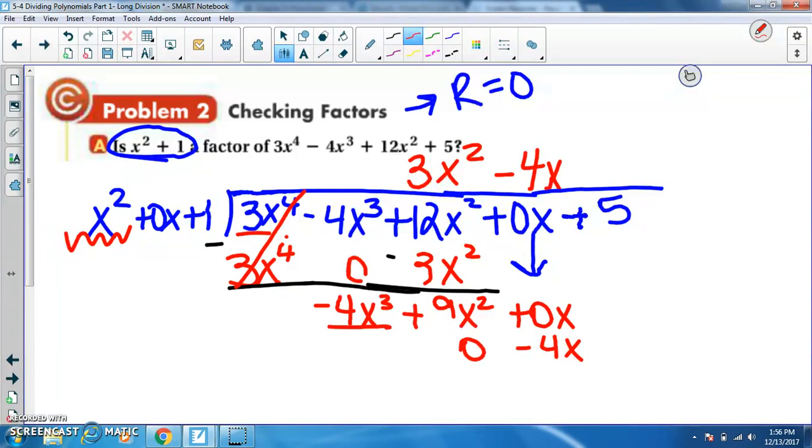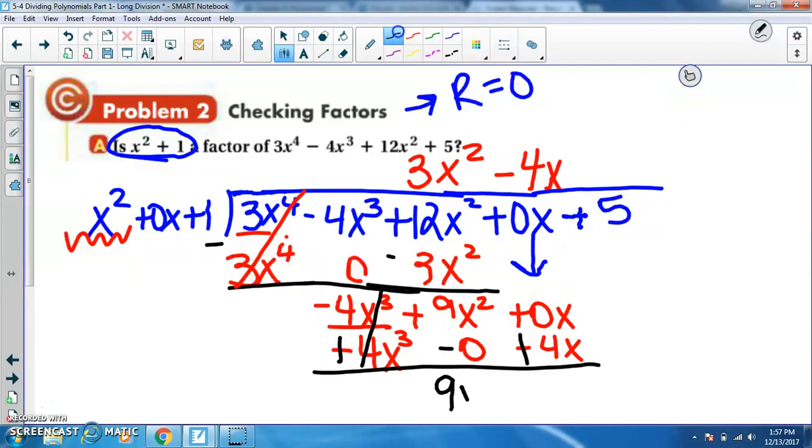Negative 4x times x squared is minus 4x cubed. I need to subtract, so I'm taking the opposite. Negative 4x cubed plus 4x cubed cancels. 9x squared minus 0 is 9x squared. And 0x plus 4x is plus 4x.